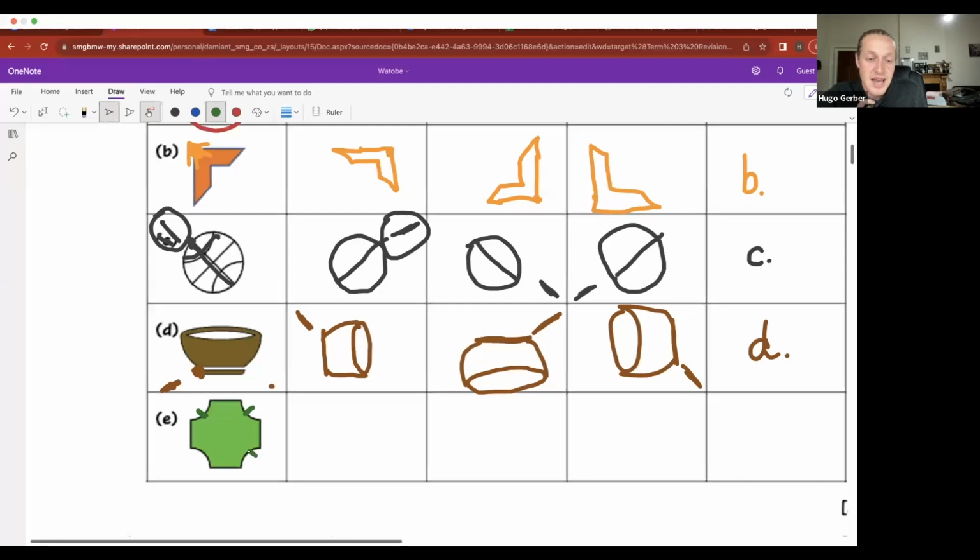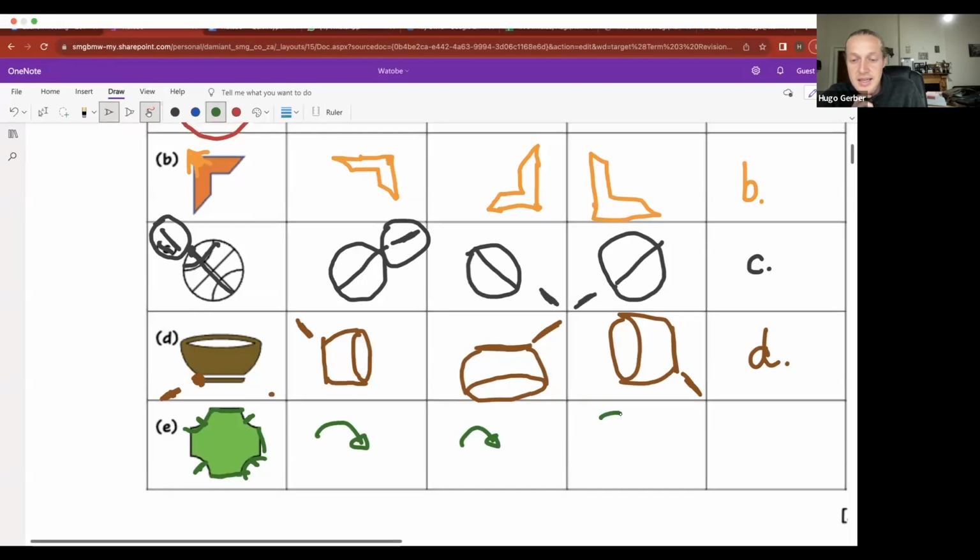At the end of the day, guys, with this shape, it doesn't matter because everything is the same length here, and this little thing is the same indent. That's the same length, same indent as over there. Everything is exactly the same. So you can turn the shape however you want. It is going to always look like E.